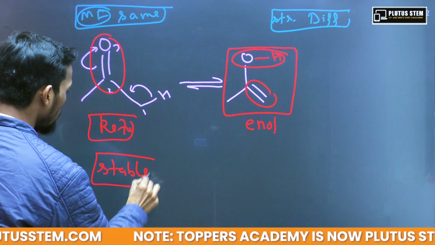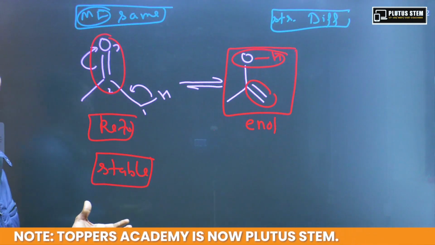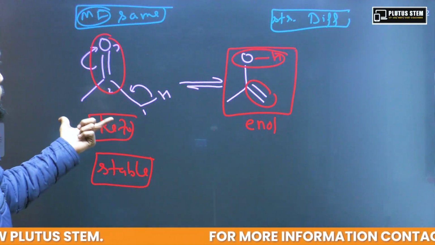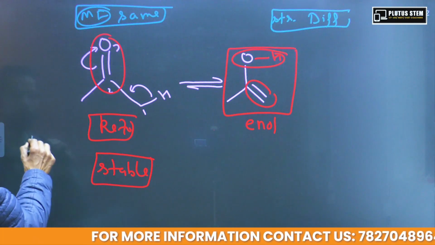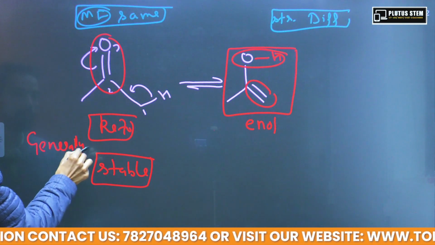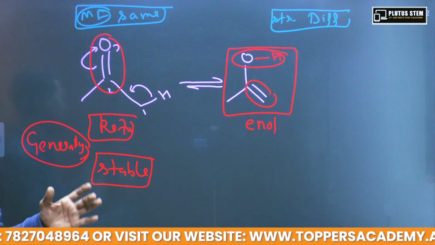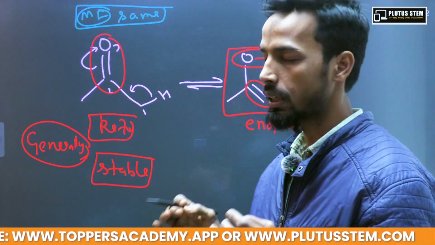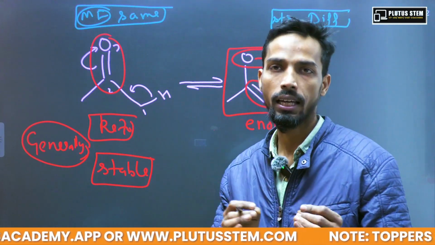There are various exceptions where the enol form is more stable, and we will find the enol form content in a higher amount.